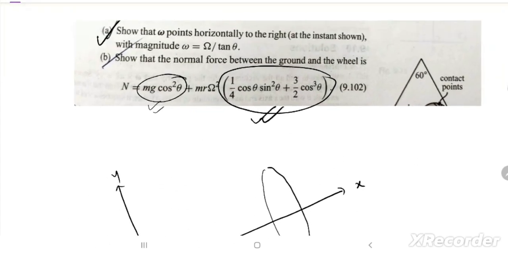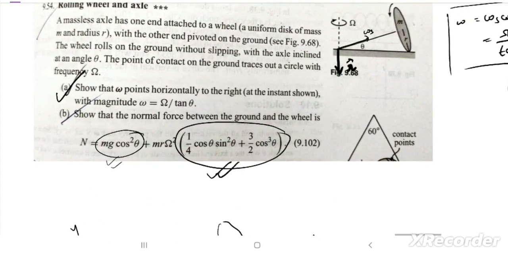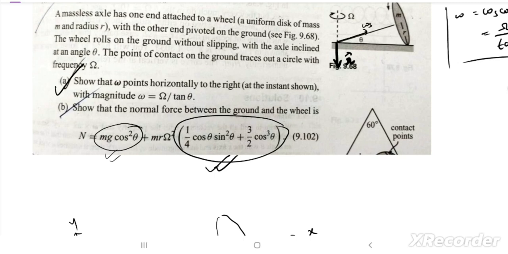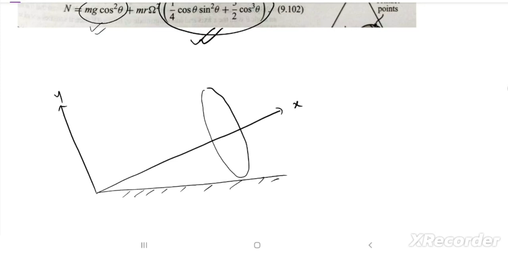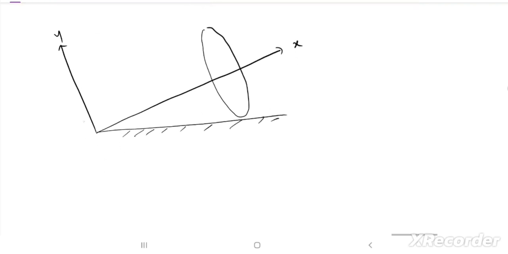In the question, it's saying that we have to use only the concept of r, small r, and theta to derive all the results. So we'll be using this as the principal axis, and the z axis is of course out of the plane. Here's my center.